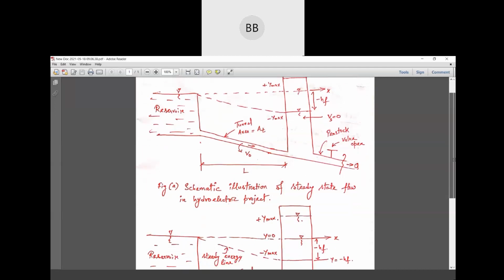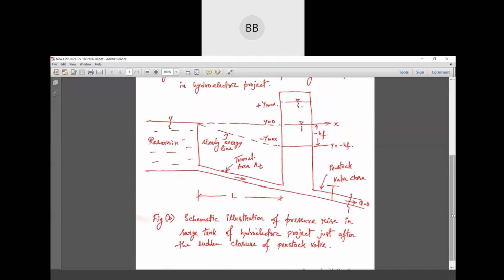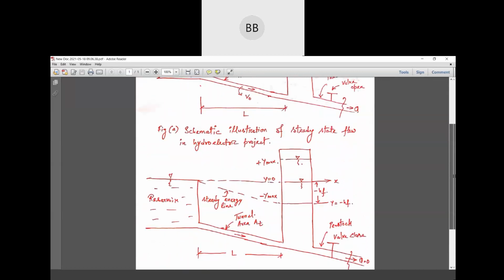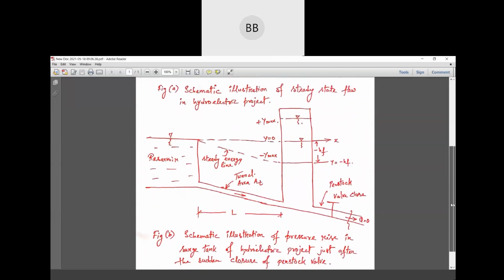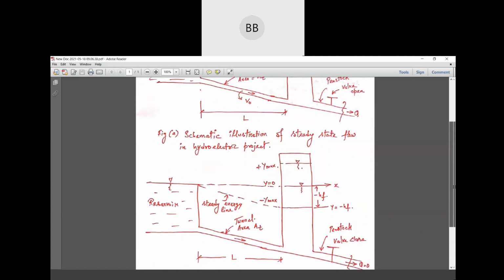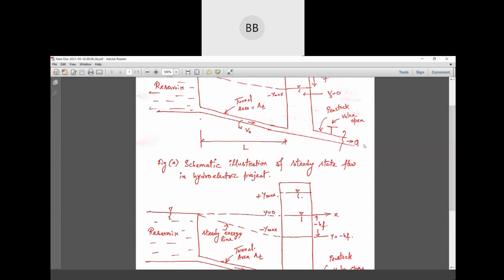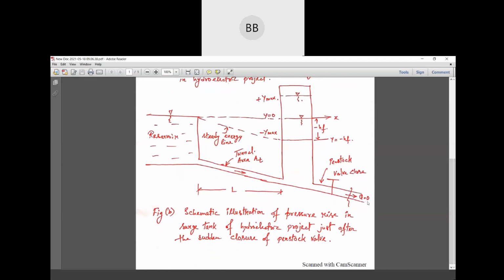Then you draw figure number B. So here in the first figure your valve is open, and in the second figure your valve is closed. That's why your discharge is equal to 0. When you close the valve there will be no discharge, so discharge is equal to 0. Here we have some discharge. Here it is completely 0. So kindly draw the second figure.